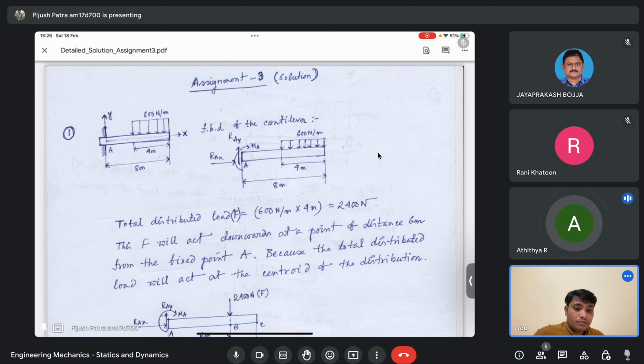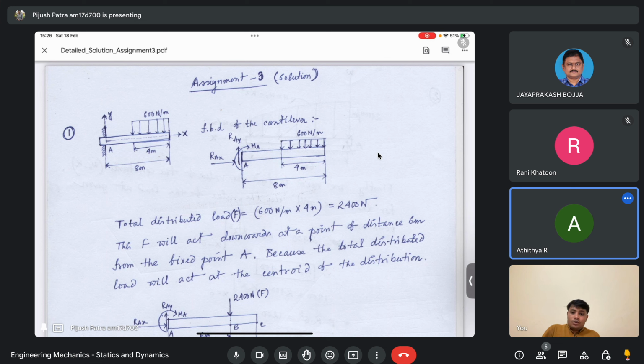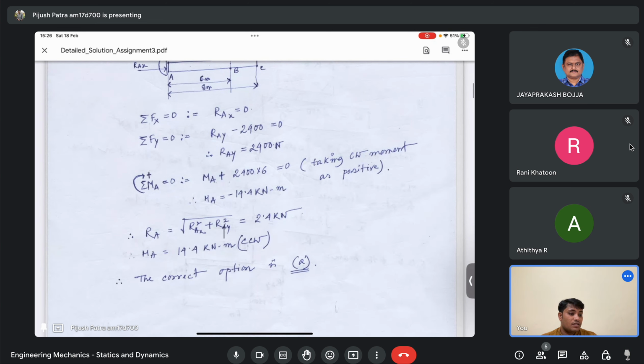Sir, but the answers in the solution and the correct evaluated answer are mismatching, sir. Okay, so what is the answer in the solution? The answer in the solutions is 14.4 kilonewton meter. Sir, not this one, sir.